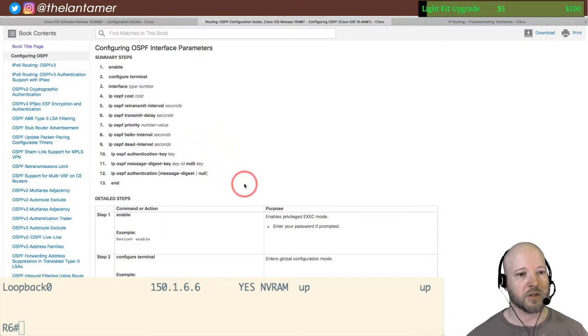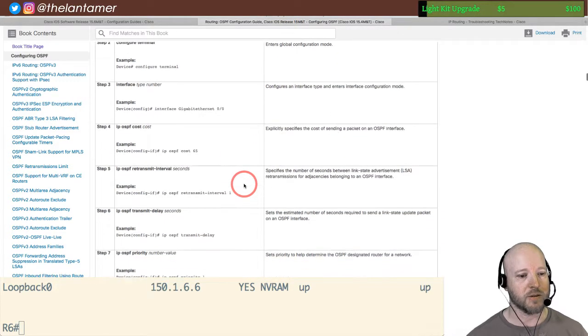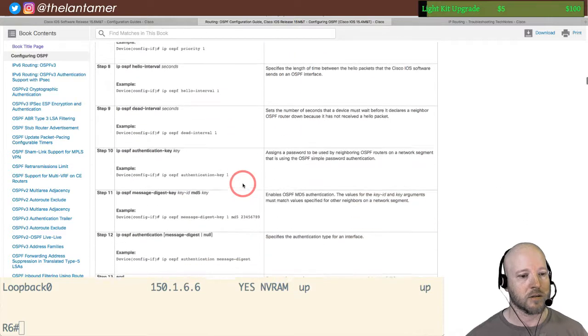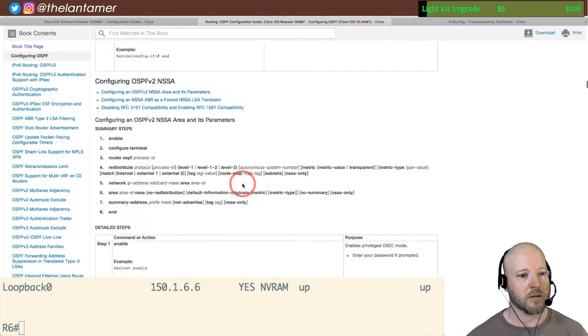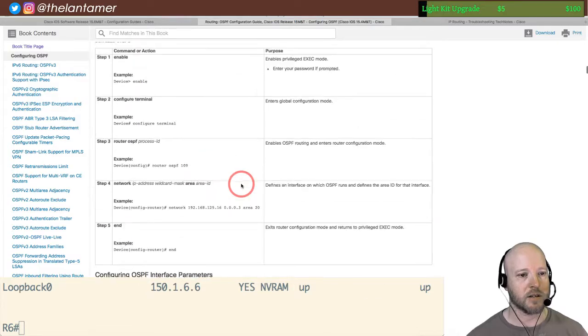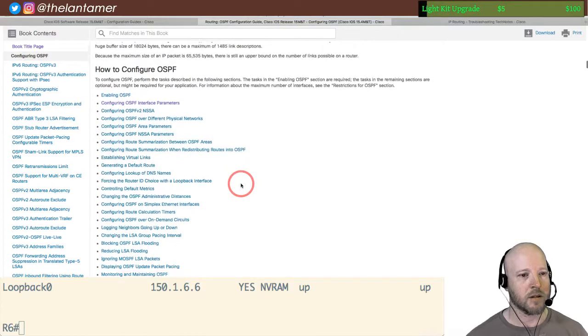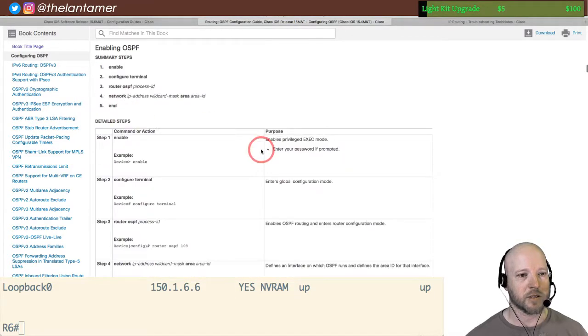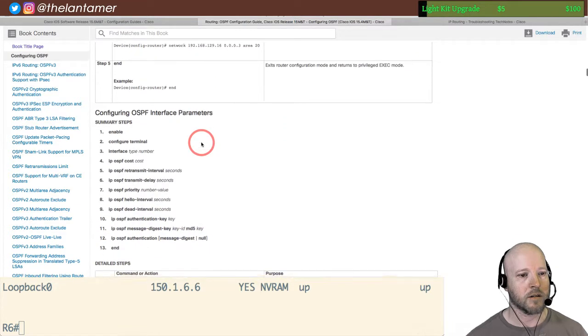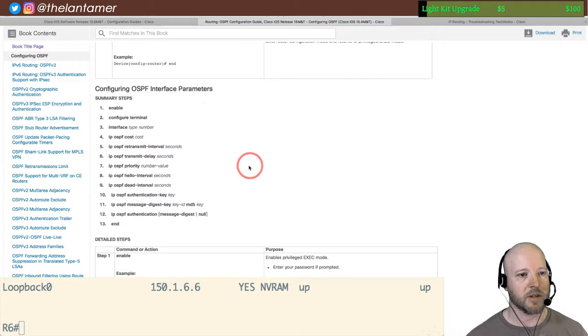Pretty much most of the OSPF parameters that we want to use. That's NSSA. Enabling OSPF. It might show me here. It doesn't have the network command there.